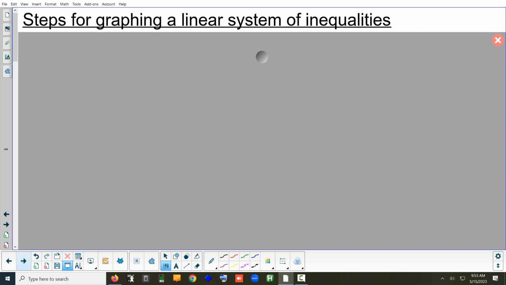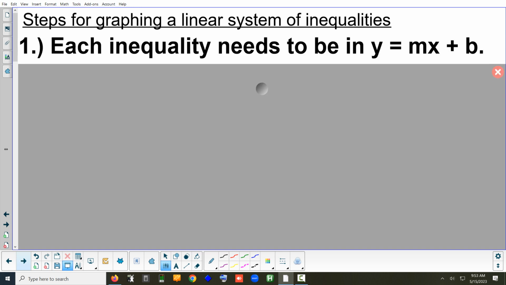So let's look at the steps for graphing a linear system. First step, and this is number 1 on the guided notes: each inequality needs to be in the form y and then mx plus b. It's not necessarily going to be an equal sign.